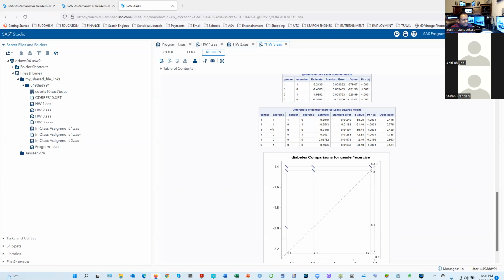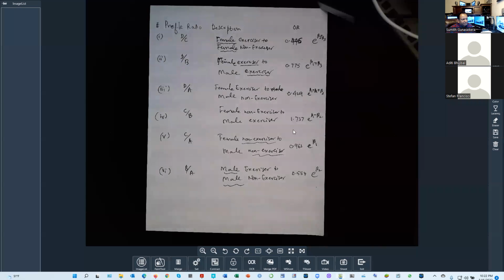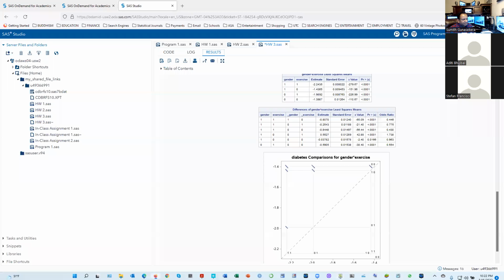This one, female to male, but exerciser to exerciser, with the male to female, 0.775. See, female to male, but they both are exercisers. Okay, then this one, gender one, 1 to 0. So, male to female, but exerciser to non-exerciser, 0.430.